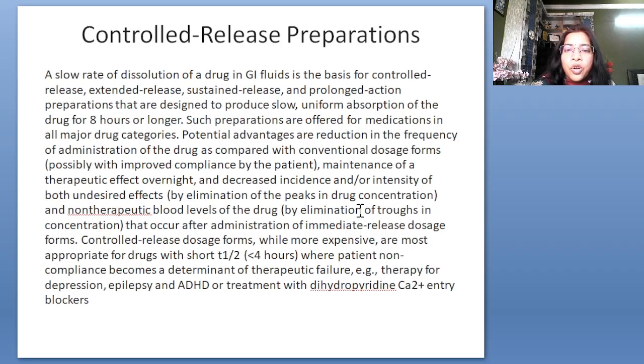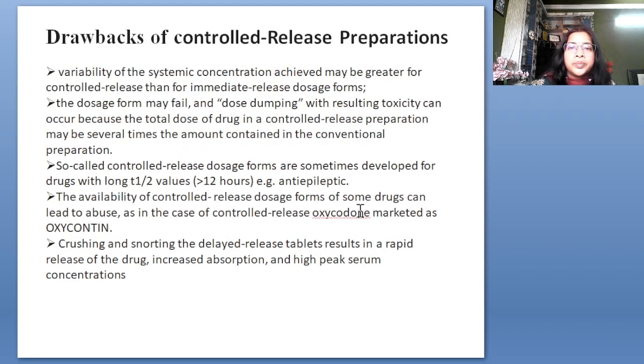Controlled release dosage forms, while a more expensive way of manufacturing, are most appropriate for drugs with short half-lives, less than 4 hours, where patient non-compliance becomes a determinant of therapeutic failure. Examples are depression, epilepsy, ADHD, or treatment with dihydropyridine, which is a calcium entry blocker.